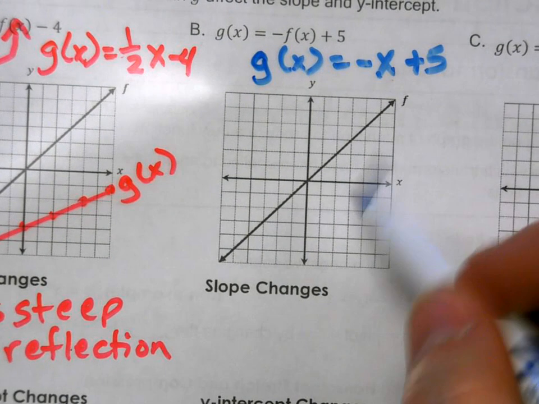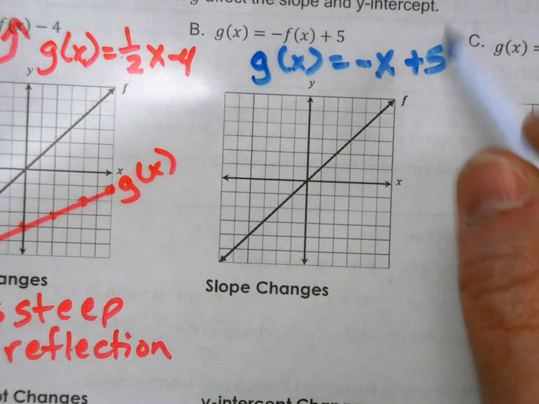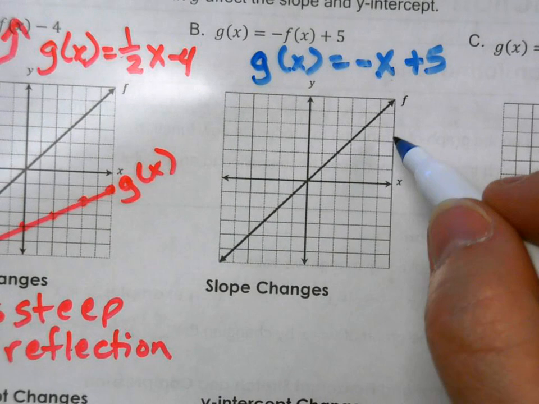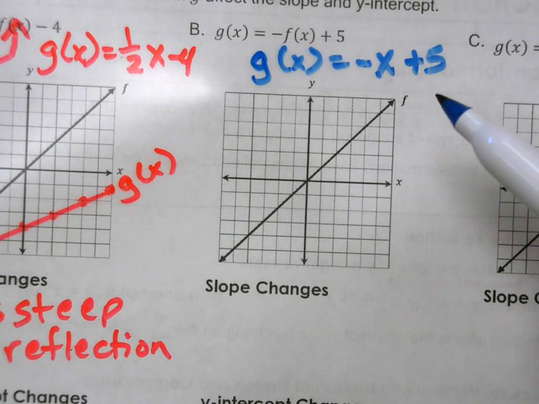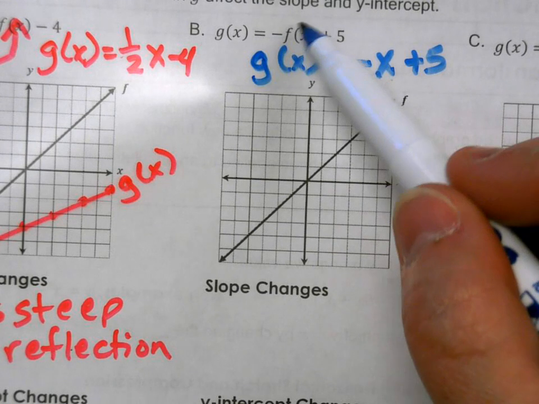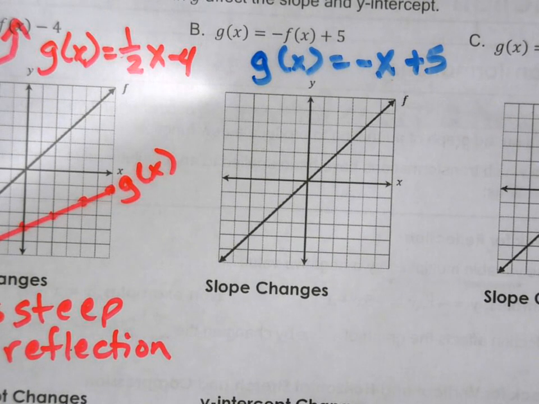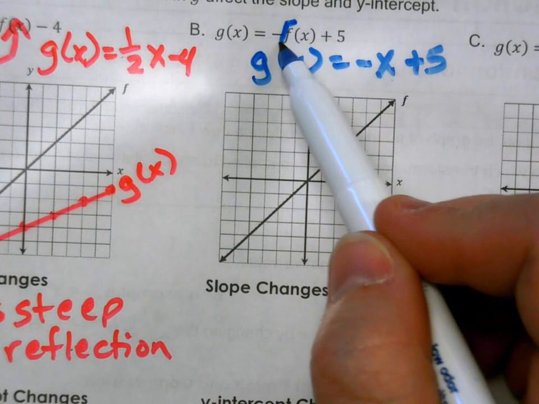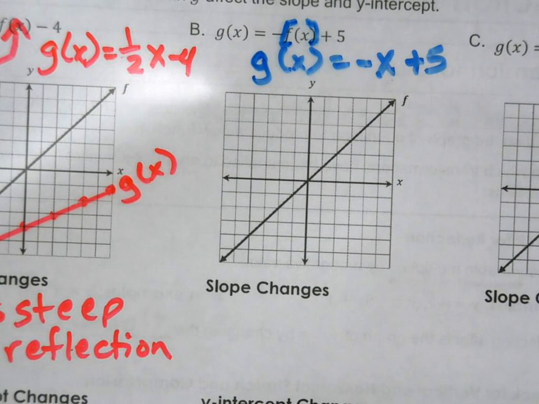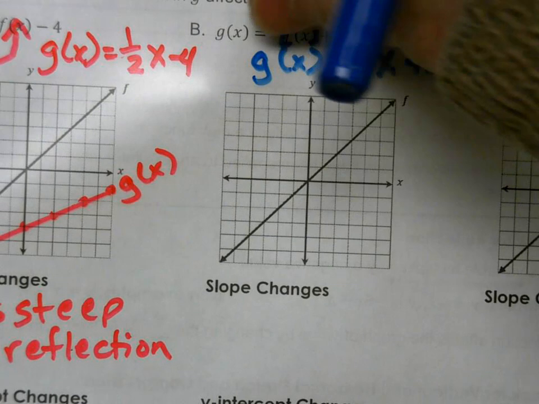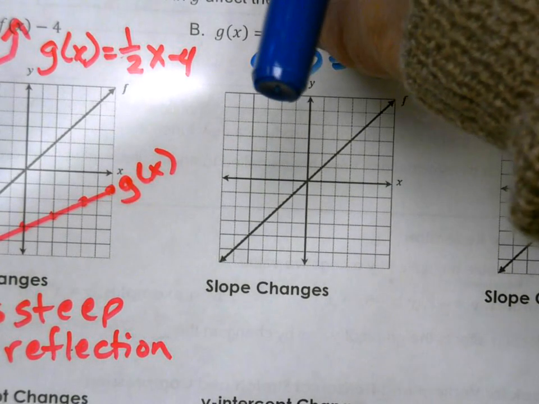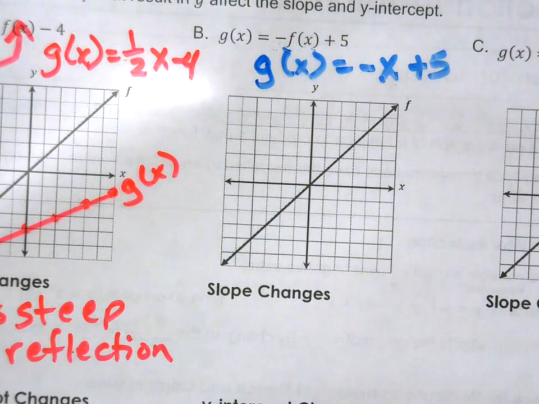I can do that because I know that my original equation, f of x equals x, which means if there's no changes happening inside my parentheses, then I can just substitute in directly for my f of x. Okay. Take that off of there so it's not confusing.